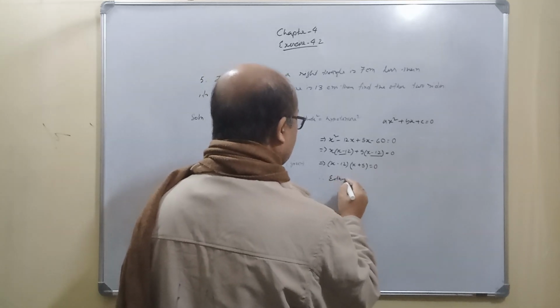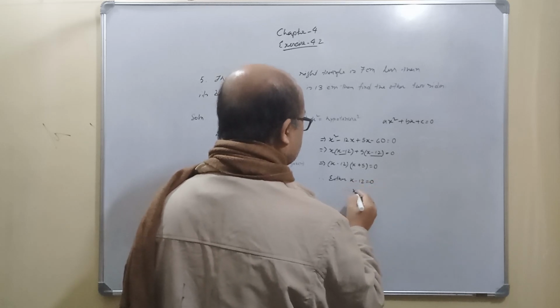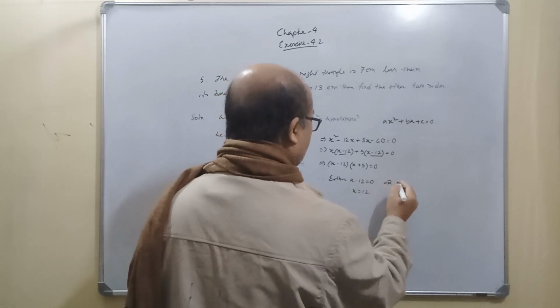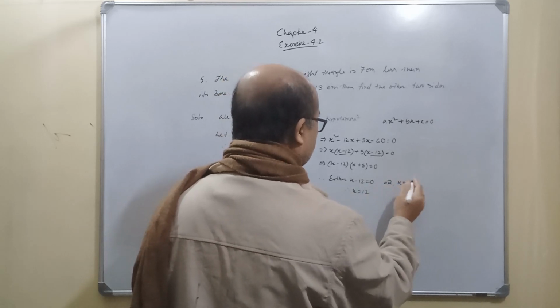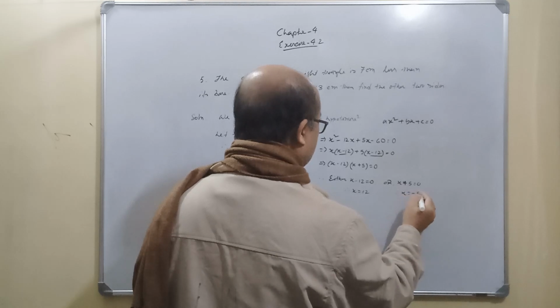Hence, either x minus 12 equal to 0, hence x is equal to 12, or x plus 5 equal to 0, hence x equal to minus 5.